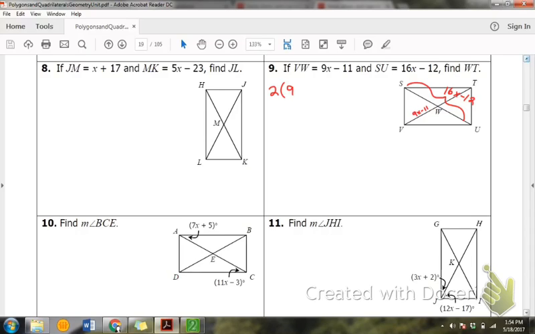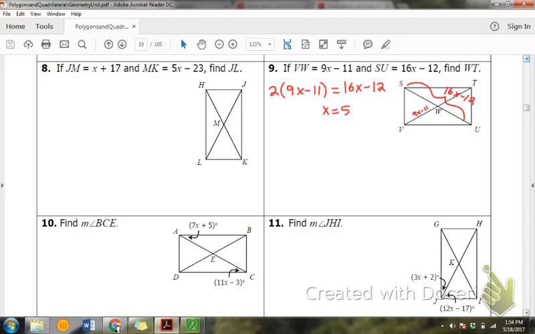Yes. 2 times 9x minus 11 equals 16x minus 12. Is that what you guys did? Okay, so we're going to double it, right? Because 9x minus 11 and 9x minus 11. What are you getting for x? 5. X is 5. Yes? Okay, so if x is 5, it says plug back in to find WT.